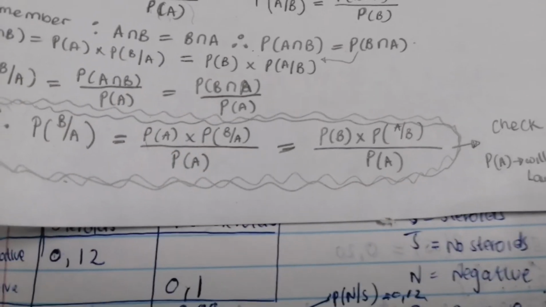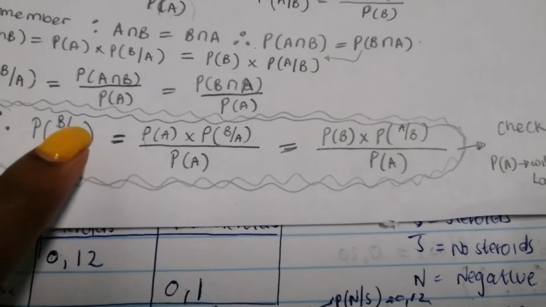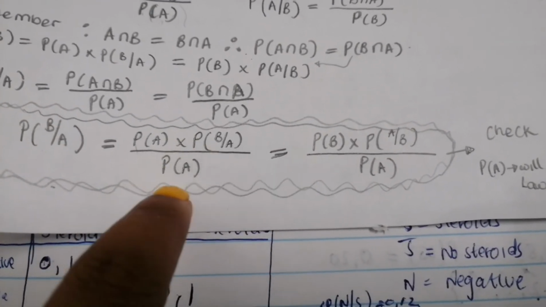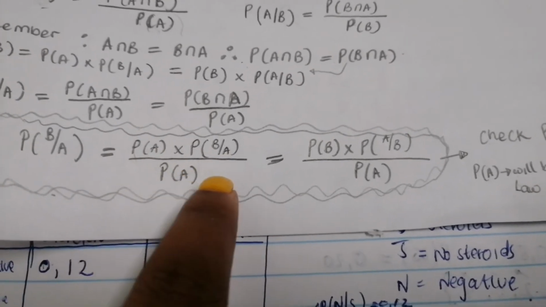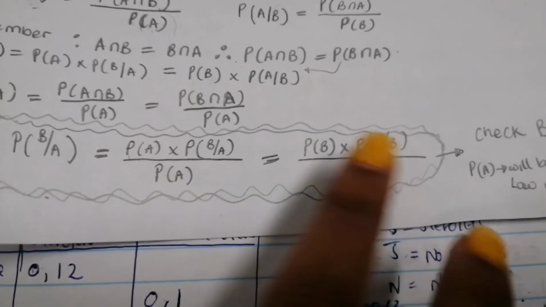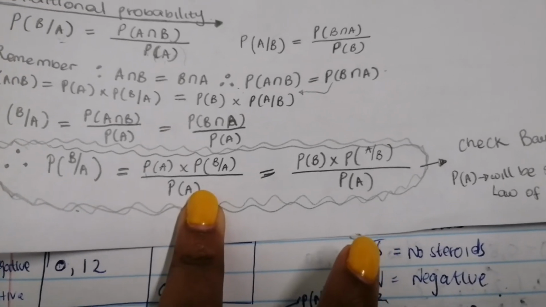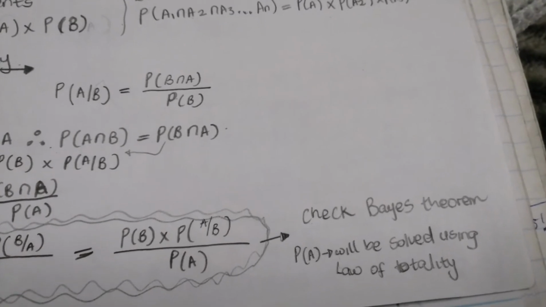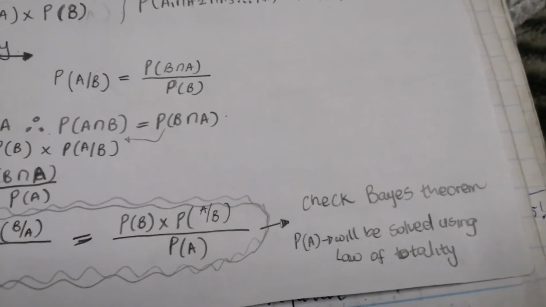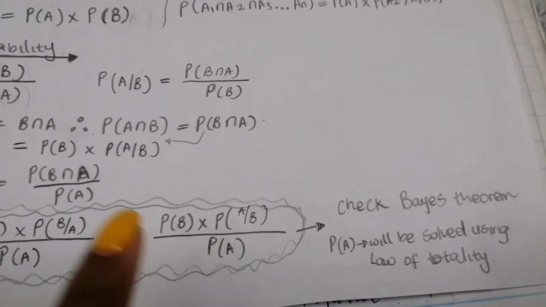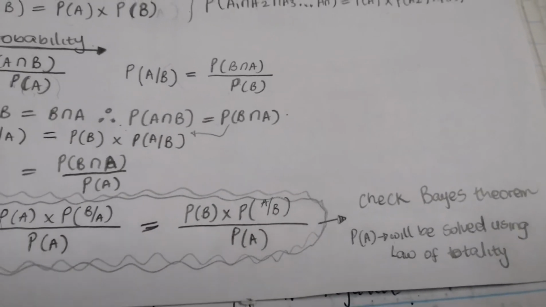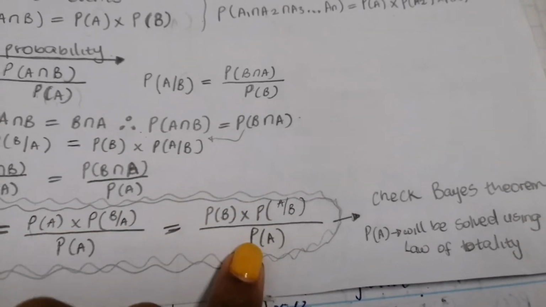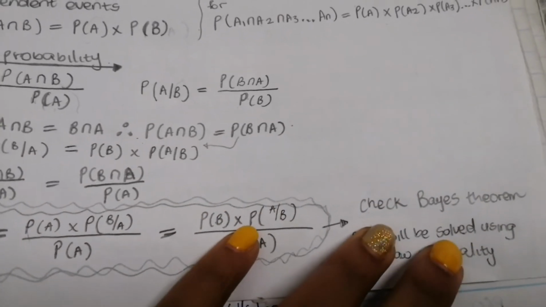And if you were told to solve for the probability of A given B, you know that your denominator will change into the probability of B, right? So please do check the Bayes theorem and the law of totality, because when I'm doing an example later you'll see that we obtain the probability of A using the law of totality.